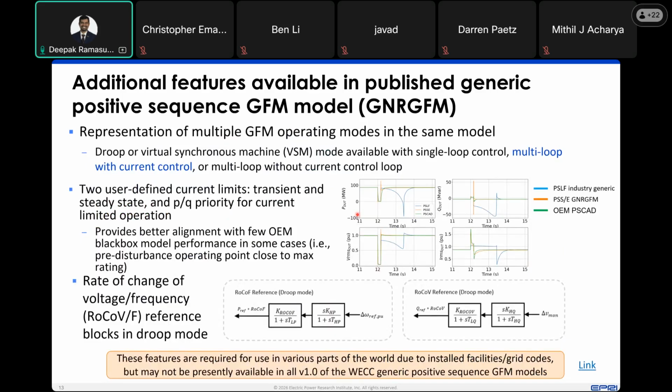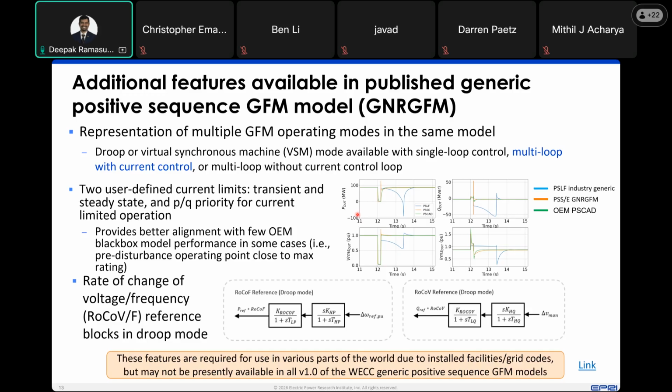For example, some rate of change of voltage based functionality, or better kinds of current limiting, different kinds of robust current limiting techniques and methods are asked for in other parts of the world, and the models I've talked about in this slide provide visibility into them.